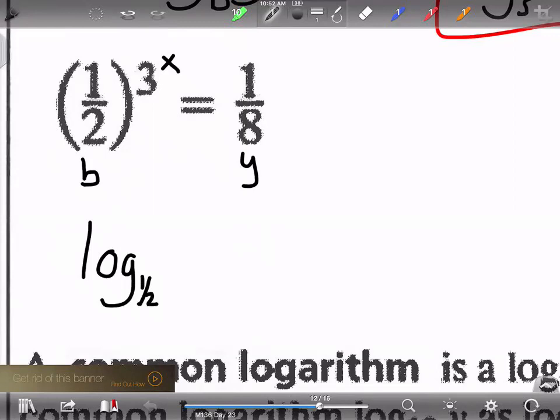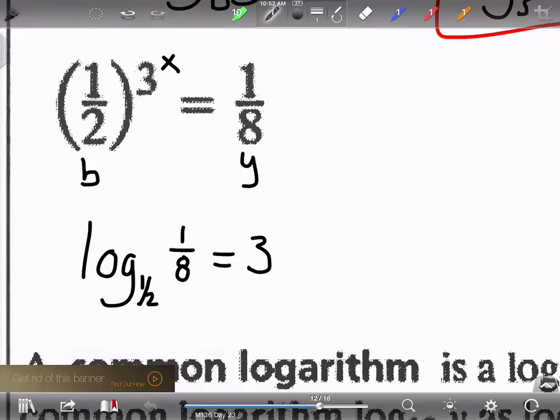Well, b is 1/2, so 1/2 is going to hang down at the bottom of the g. Notice how small I have it written. Then I need y regular size, so 1/8 regular sized equals x, in this case 3. So log base 1/2 of 1/8 equals 3. That is your final answer.